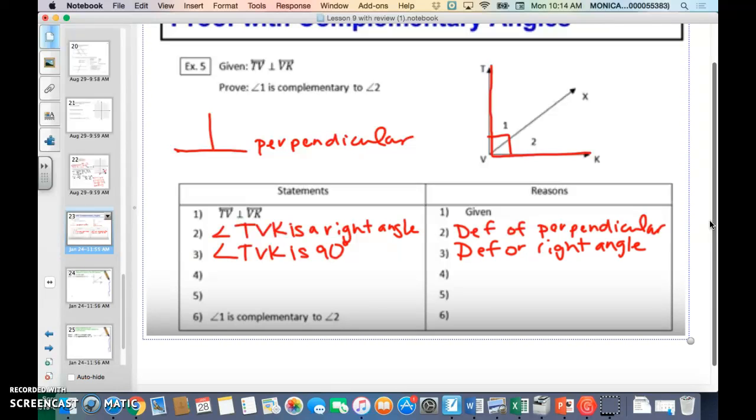And now that we know that it's a 90-degree angle, we now know that angle 1 plus angle 2 is going to equal angle TVK. And this is the angle addition postulate. Part plus part equals whole.